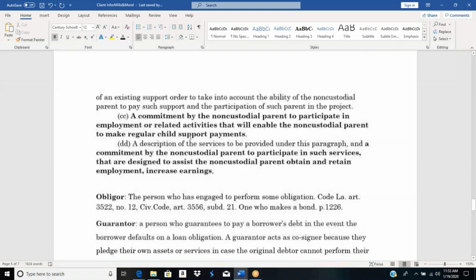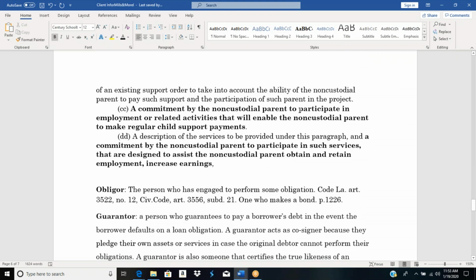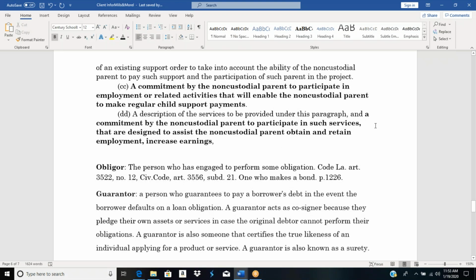A commitment by the non-custodial parent to participate in employment or related activities that will enable the non-custodial parent to make regular child support payments. Let's see, wait a minute. A commitment by the non-custodial parent to participate in such services that are designed to assist the non-custodial parent obtain and retain employment and increase earnings. Bam.